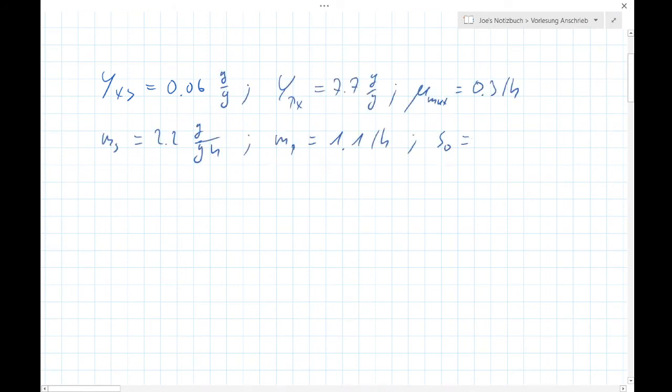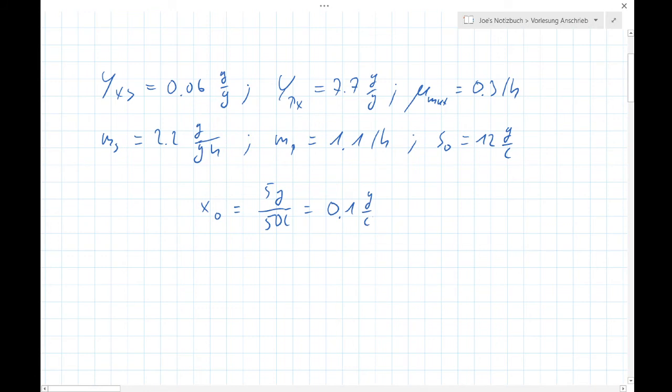So we had our biomass yield, YXS, was 0.06 grams per gram. Substrate concentration initially was 12 grams per liter. And we were told that our X0 is 5 grams in 50 liters. Don't forget that you want to have concentration, so therefore it's 0.1 grams per liter.